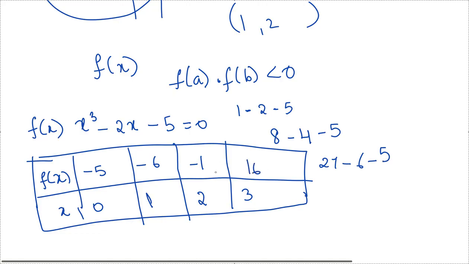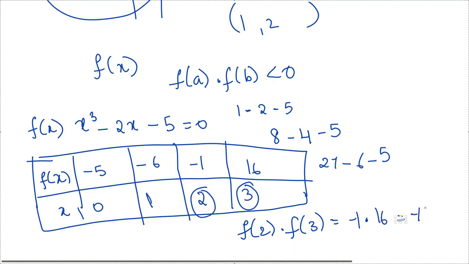Okay, so now we see f of 2 times f of 3. How much is f of 2 times f of 3? f of 2 is minus 1 times f of 3 is 16, which is equal to minus 16, which is less than 0.